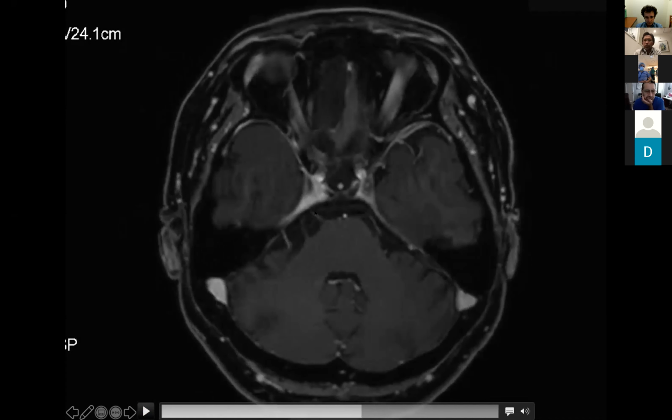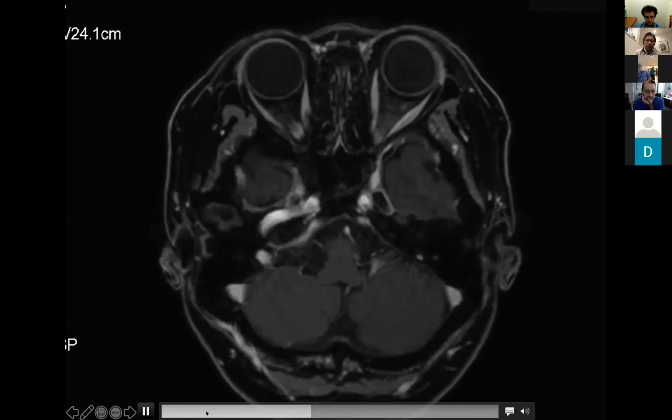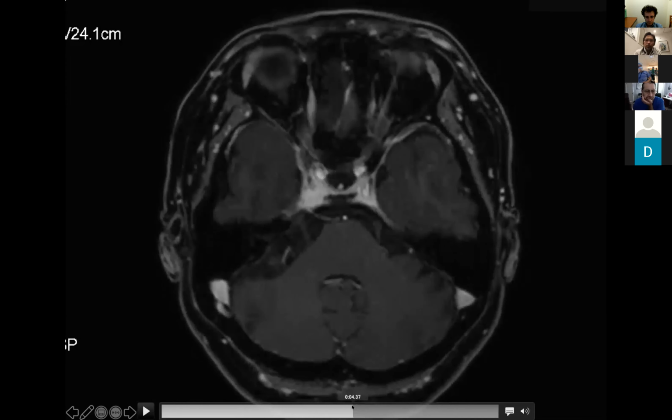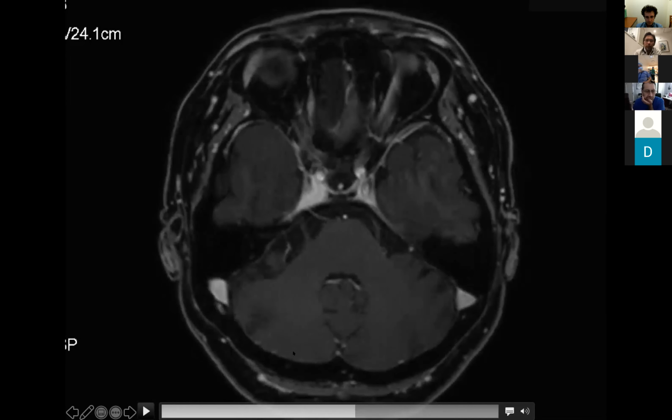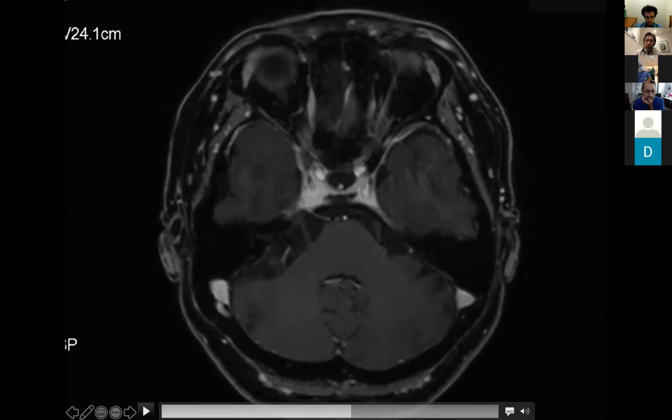Usually we see this attaching to the cavernous sinus, and sometimes not only to the cavernous sinus. This is the same case, so it is probably attaching to the anterior pontine vein.